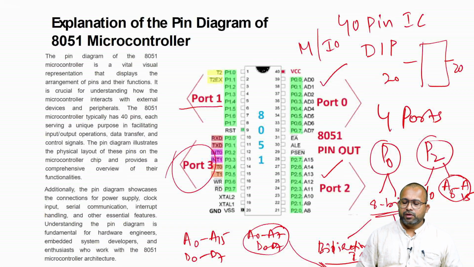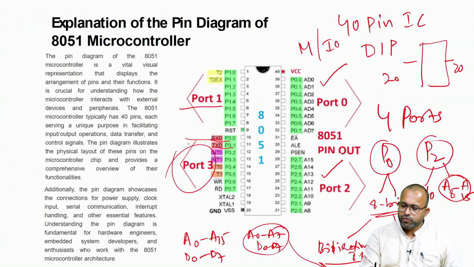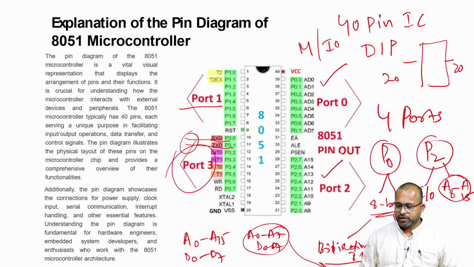And port 3, on the other hand, functions as normal IO, and sometimes it has special functions, where port 3.0 is used as receive data, and 3.1 as transmit data. That means these two lines are meant for serial communication.